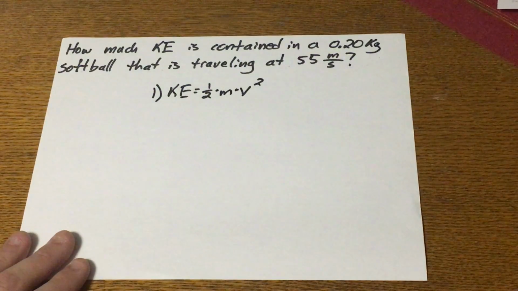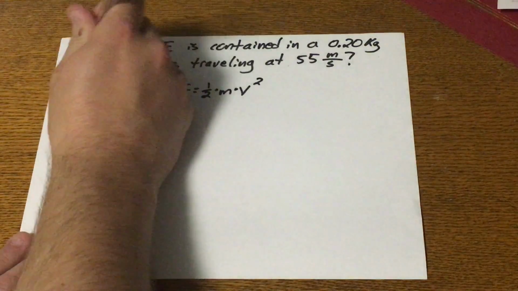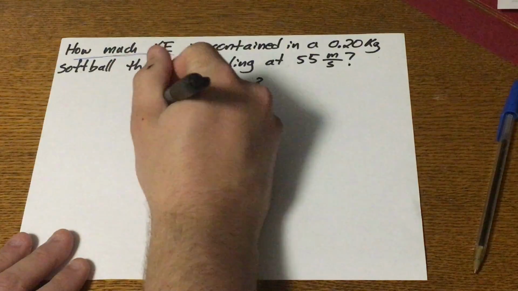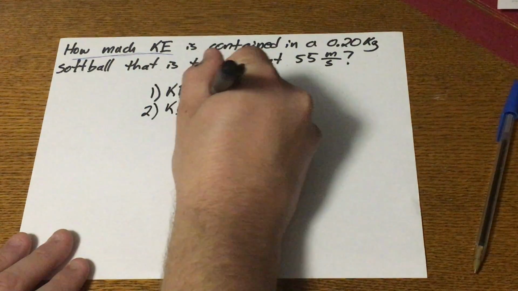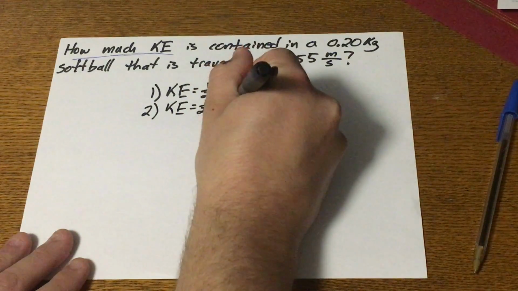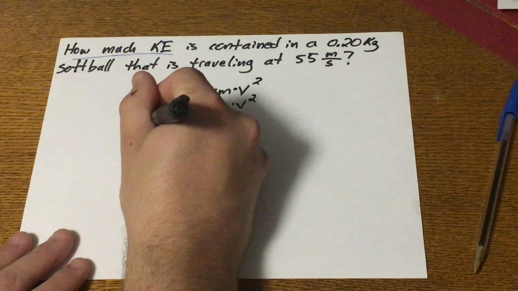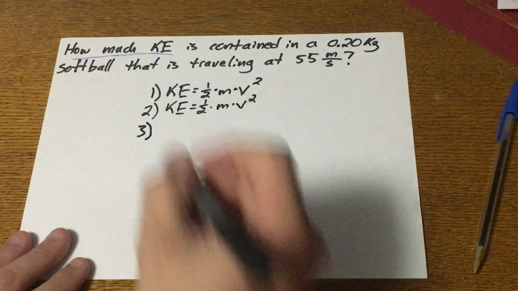Kinetic energy is 1/2 mass times velocity squared. We're solving for the amount of kinetic energy, so step number 2 doesn't require any change. It's still 1/2 mass times velocity squared. Step number 3 is going to substitute in what we know.